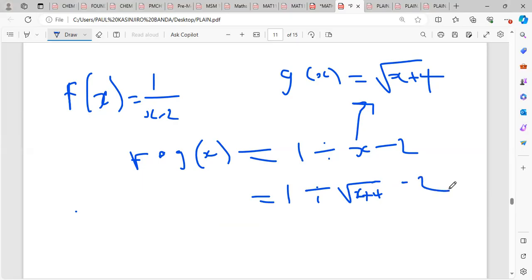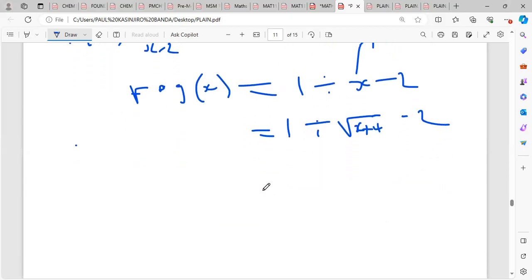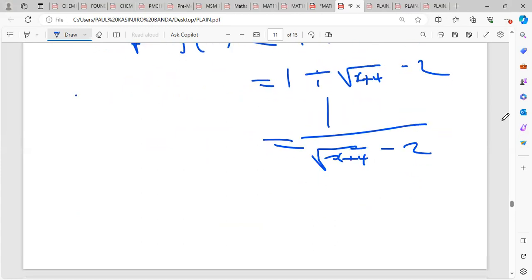From here we can simply write it this way: 1 over the root of x plus 4, then minus 2. So this here is our composite function.